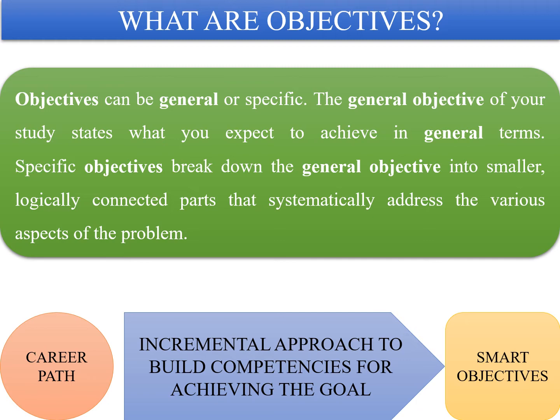If you see the landing of the staircase as the ultimate objective of reaching that level, then each step you cross is basically the SMART objective, and the time taken to complete each step, multiplied by the number of steps you have taken to reach the landing, is the time taken for achieving those goals. So your SMART objectives can be of smaller durations, and goals can be of longer durations.